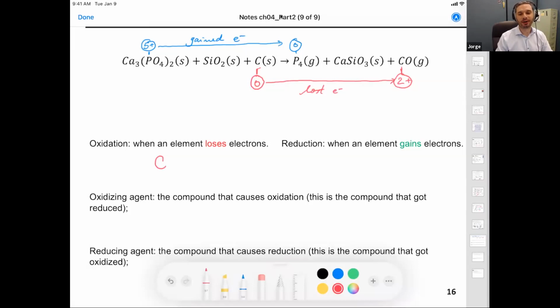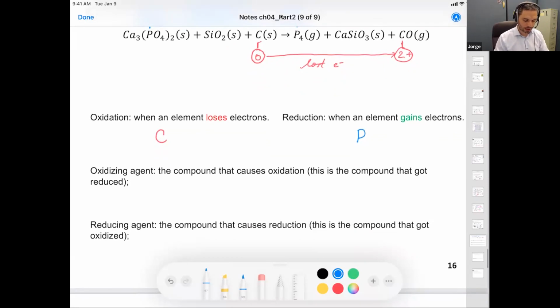Because there is an increase in the oxidation state, and the element that reduced or that gained electrons is phosphorus, because there was a decrease in the oxidation number. Okay? If someone lost electrons, someone has to gain electrons.